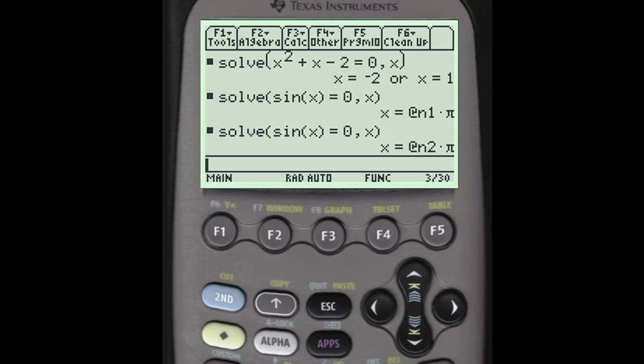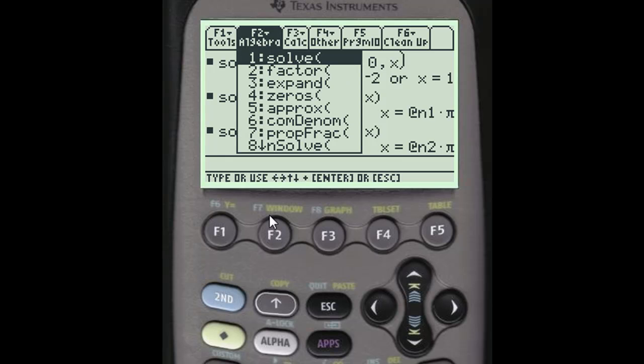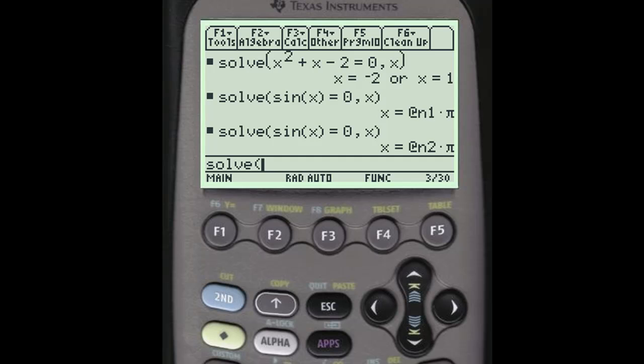The TI-89 will also solve functions whose solutions are complex numbers, so obviously numbers that have the imaginary number i. And let's enter an equation that has complex solutions. Do F2 solve again. Our equation this time will be x squared plus x plus 2 equals 0. Don't forget equals 0.